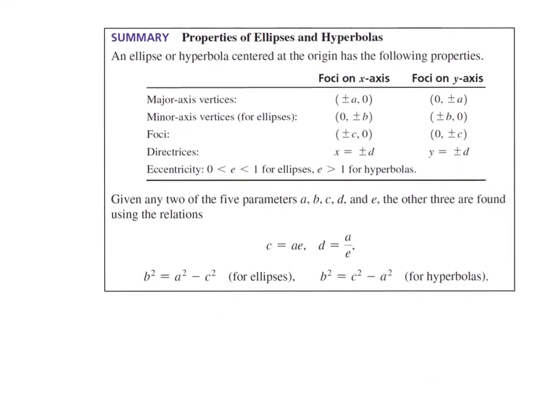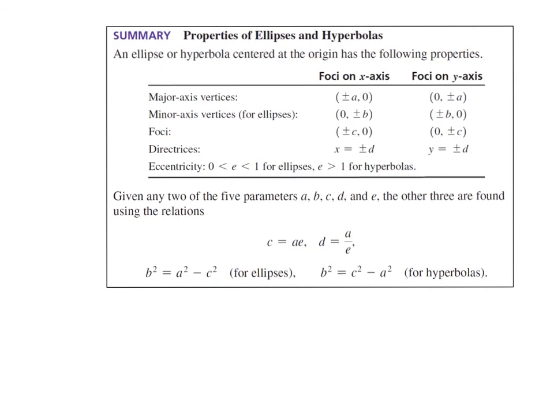The following box is just a summary of the major points that we've talked about so far. It talks about the major axes, vertices, minor axes, vertices for an ellipse. We have foci, directrices, and we have the eccentricity and properties that go with it.